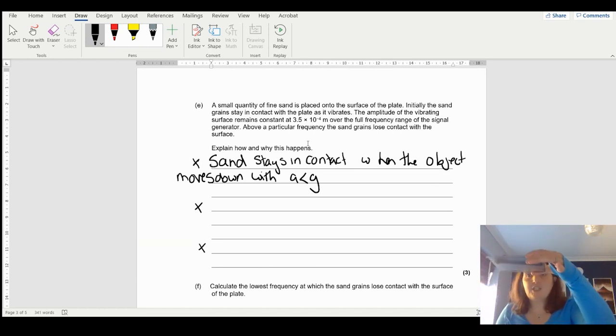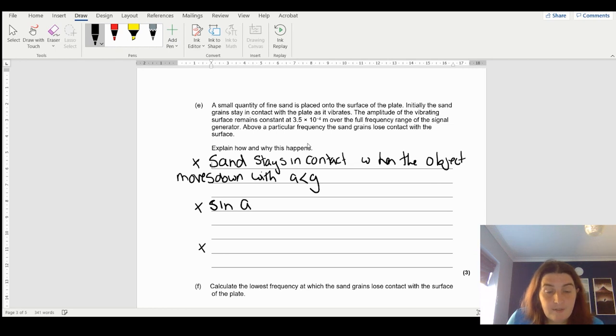But if it's attached to this, as you can see here, they're both moving down at g, they both stay attached to each other. But if this plate was accelerating downwards faster than g, this thing here will still move at g. So the sand stays in contact when the object moves downward with acceleration less than g.